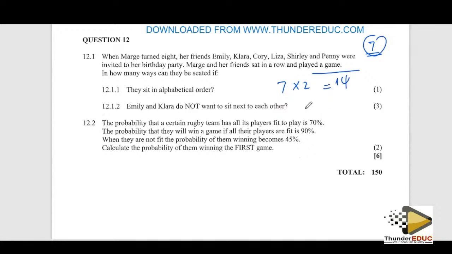And then 12.1.2, they want us to get the probability that this lady and that lady do not want to sit together. If they were to sit in any order, this would be the number of ways that we can arrange them, which is 5040. I'm going to use the 14.